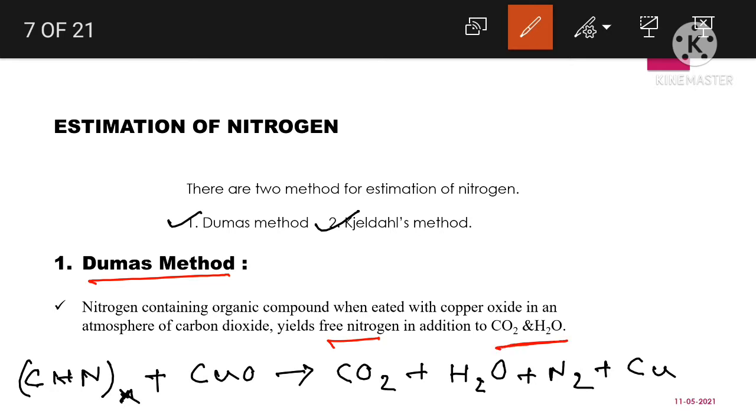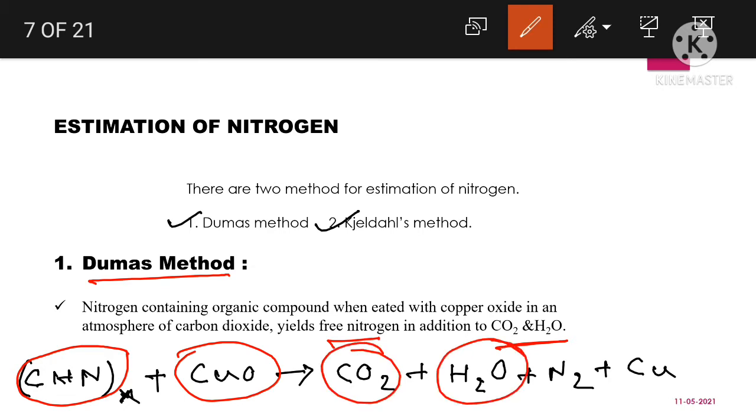The reaction is like this: you heat the organic compound with copper oxide, and you get carbon dioxide, water, nitrogen and free copper. I have not balanced the stoichiometry here, I am just giving the products.